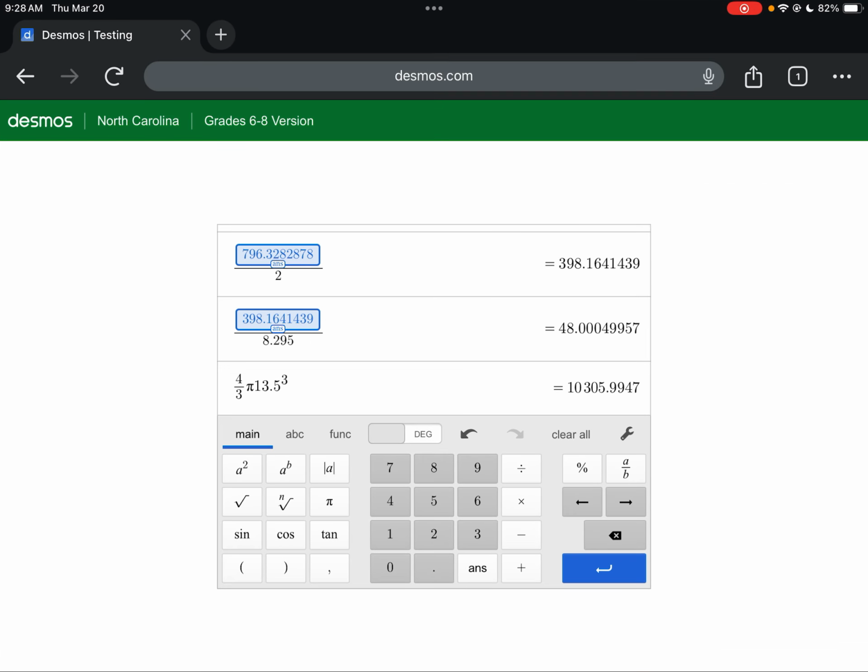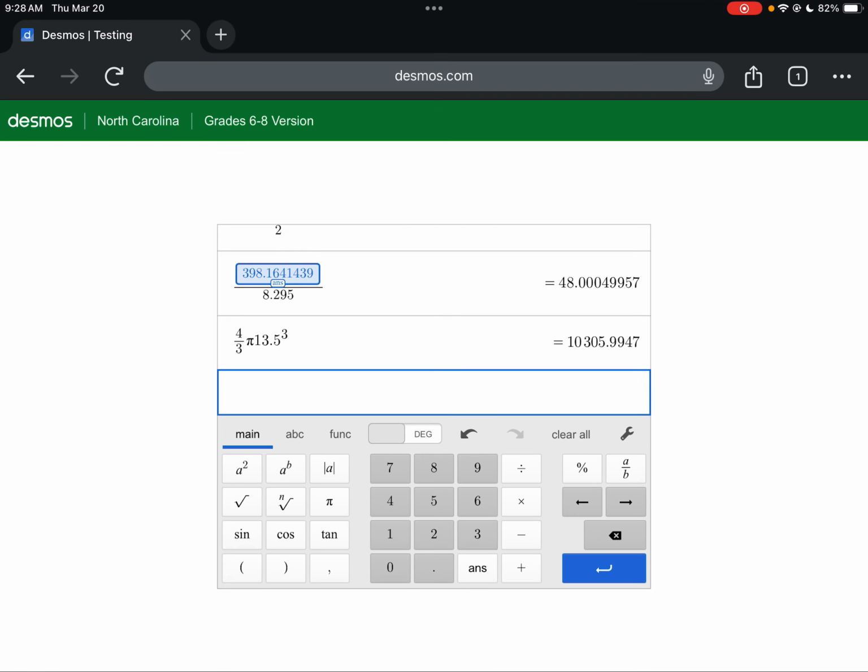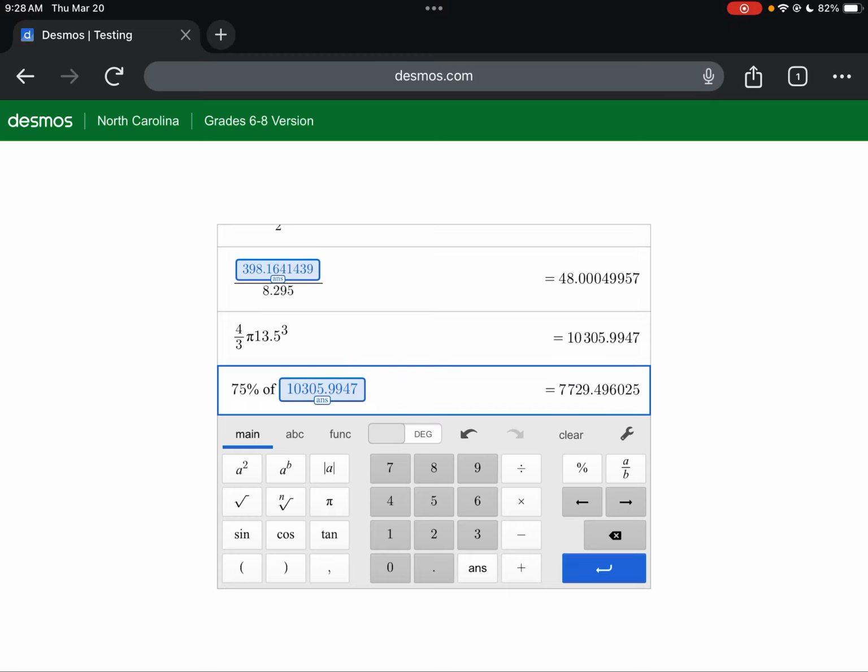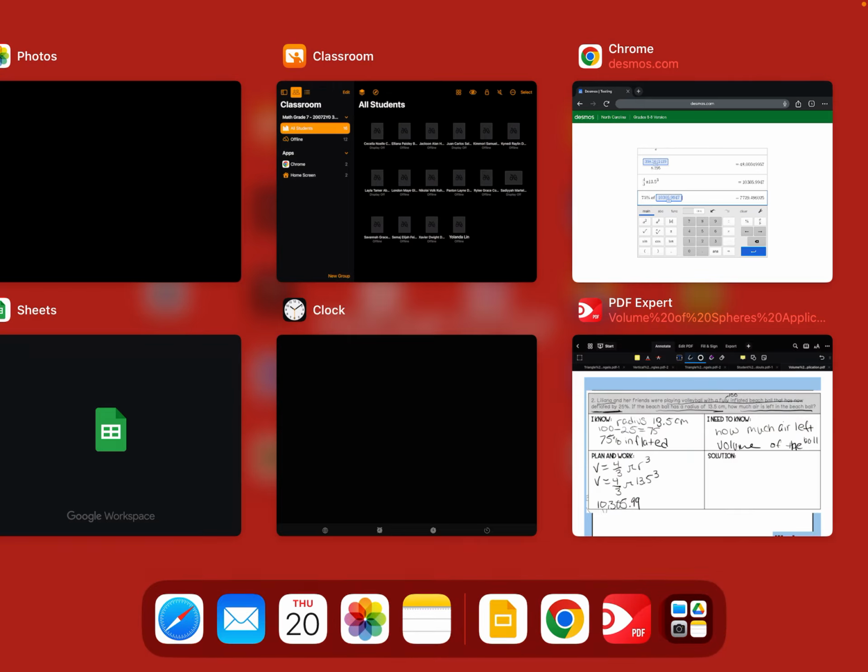So we can actually hit enter, hit 75, and then this percent, and then the answer key, and it pulls down that answer that we last did. So 75% of that is 7,729.5.